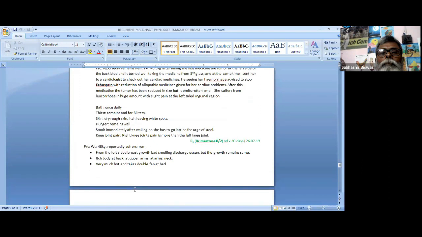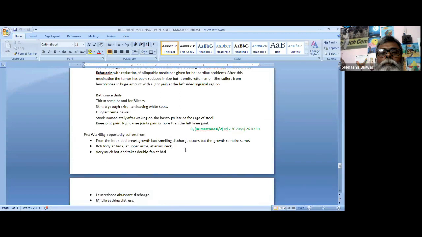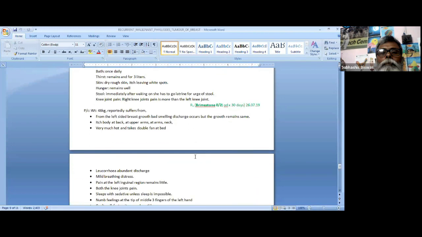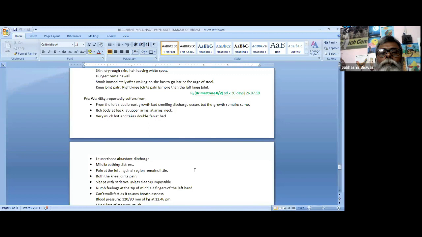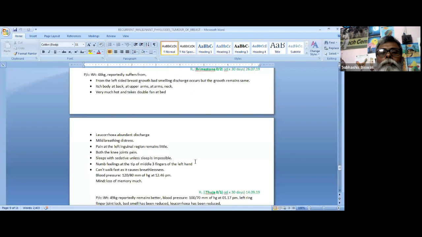See, her weight increased to 48 kgs. From the left-sided breast, the growth remains the same. There is some blood-smelling discharge, very much hot, and she takes double fan effect. So hot she becomes. Leukorrhea abundant discharge. The leukorrhea starts discharging like anything.